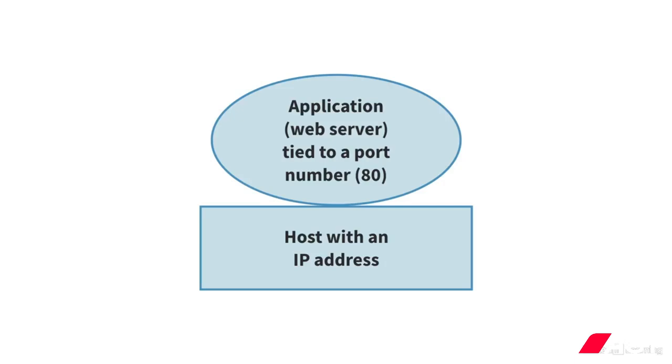For example, a web server conventionally uses 80 as its port number. Using a combination of the port number and the IP address, we can determine which application on which host is sending a packet to the firewall. On the other hand, the destination IP and port specified in a packet header indicate where the packet is heading.